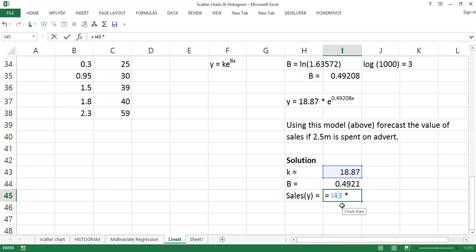You can use the value of e there, 2 point whatever, okay? But another way you can do it is just to use the exponential function of b times, what do you think should be here now? 2.5.